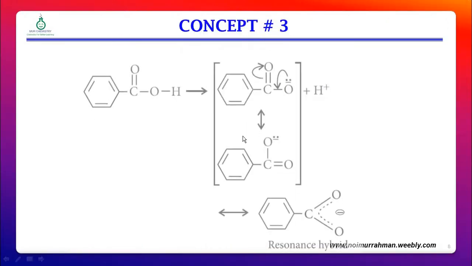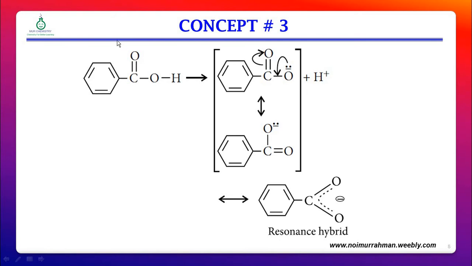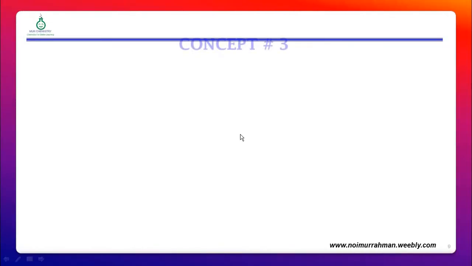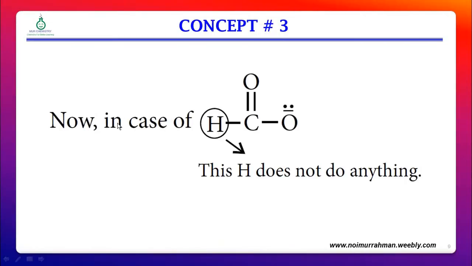Similarly, benzoic acid removes its acidic proton and forms benzoate anion, which is also resonance stabilized. Now, in case of formate anion, this hydrogen does not do anything, meaning this hydrogen does not have electron withdrawing or electron donating power.